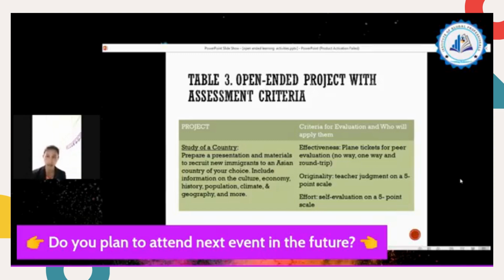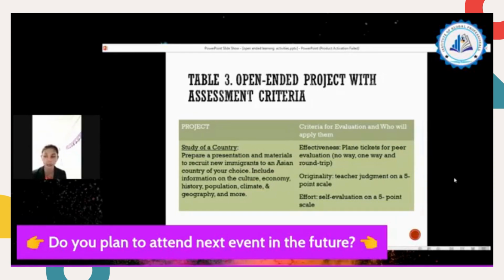Okay, next criteria aside from effectiveness is the originality. The teacher judgment on a 5-point scale, meaning there is a rubric on this originality, and it is given a 5-point scale. Next is effort or self-evaluation on a 5-point scale.